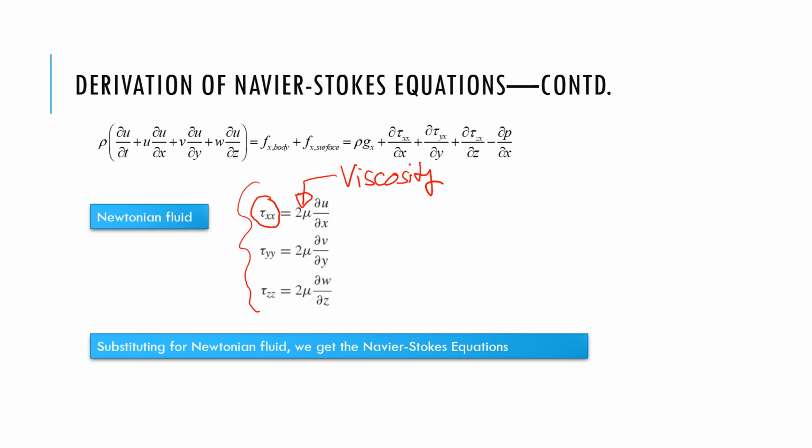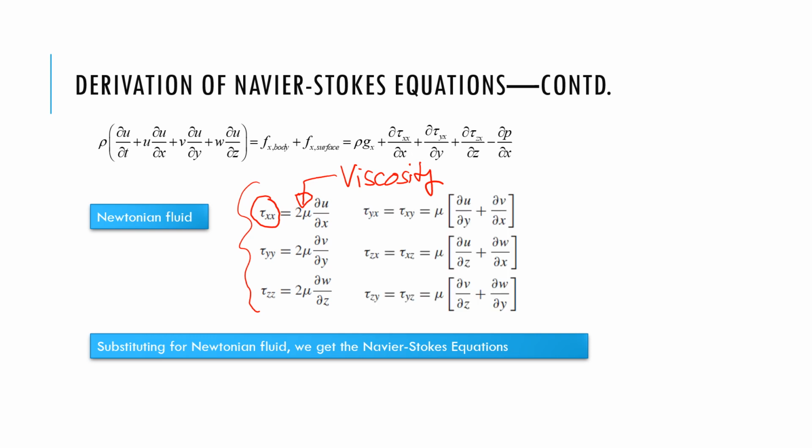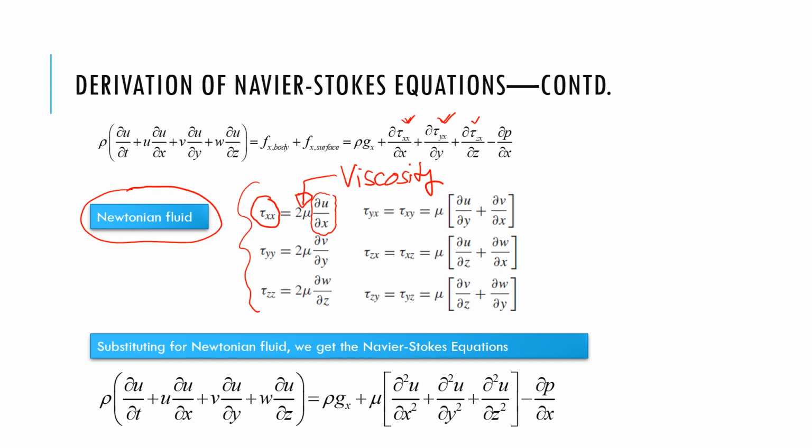So now we're bringing in Newtonian fluid, and these relations, whether it's tau xx or tau yy, for Newtonian fluid, we can plug these in here, right? We can plug in for tau xx and tau yy and tau zx. If we do, then we'll get equations that will have only velocities in there and this viscosity, of course. And if we do that, that's when we get this equation that you may have seen some versions of.